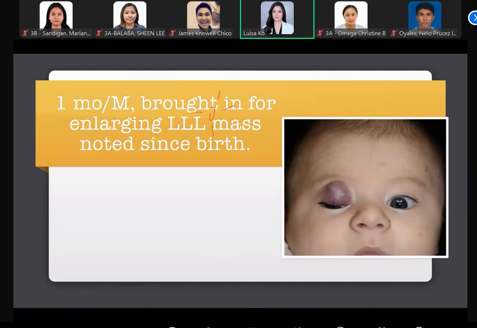So this is a 1-month-old male brought in for an enlarging left lower lid mass noted since birth. Sige, let's describe what we see here. A little more difficult than the previous one, but you can do it.